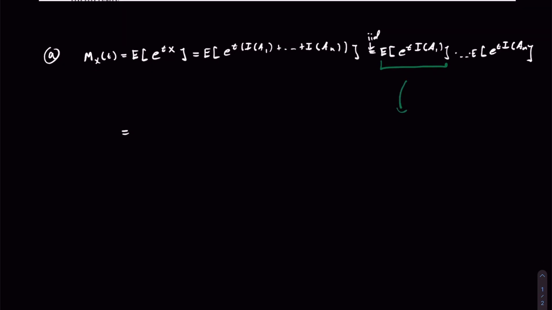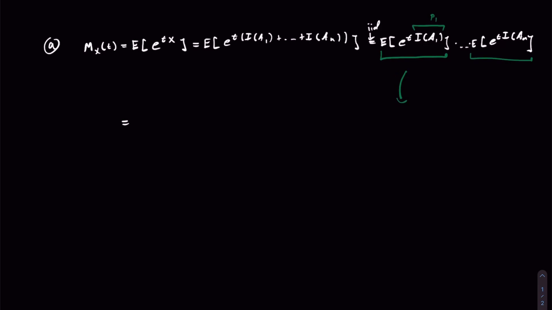The expectation of one of these, and it will be analogous for all of these, is that we have a Bernoulli trial here, right? It's one event happening with probability P1.